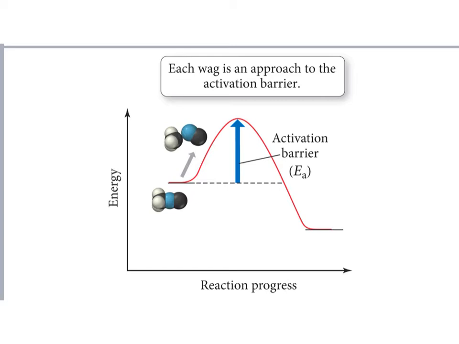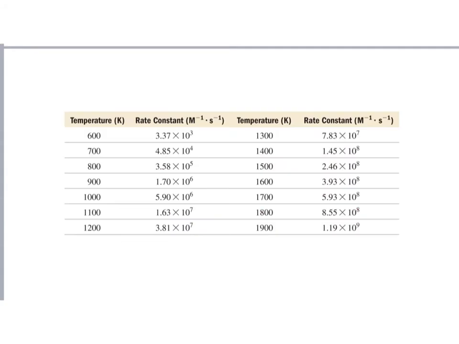Each movement here is an approach to the activation barrier. As this moves up the slope, this shift begins to occur. The more it moves in that direction, the more it gets towards this activation barrier. Once it gets up here, all the energy needed for it to go has been put in, and it moves to the other side.